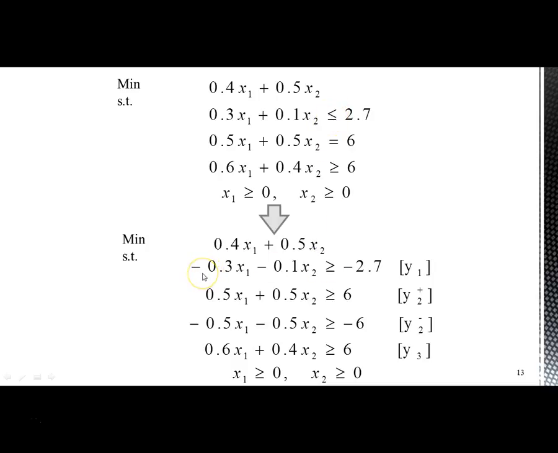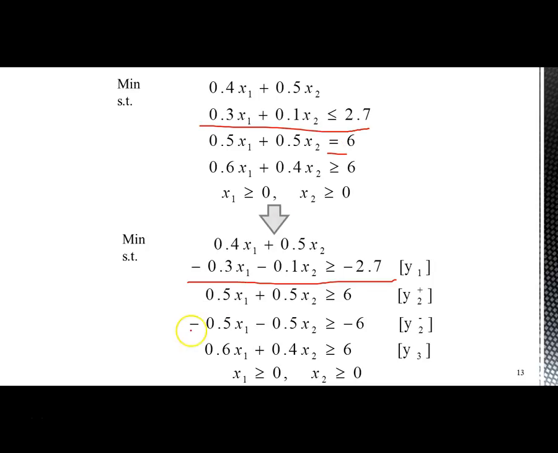So the first constraint now becomes this one this way. Now for the equality, we are going to add two constraints, one with greater than or equal to, one with less than or equal to.